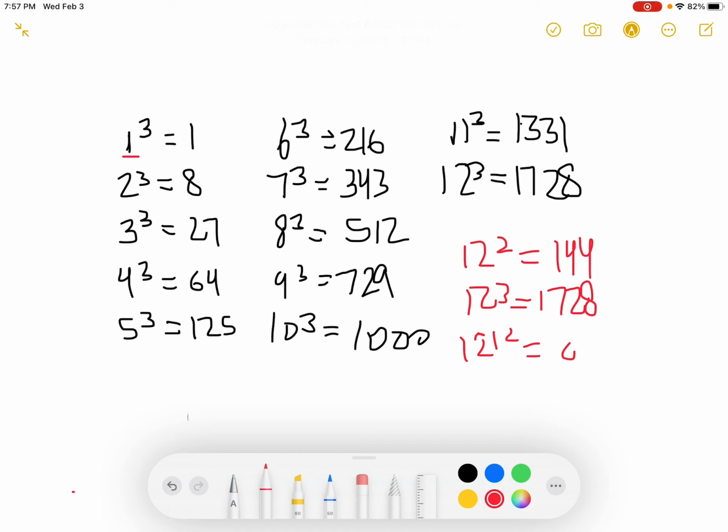That's so big that my calculator had to say this. 8.91 times 10 to the 12th power. Ugh. So that really means that there's that many zeros on it. And then if you do 12 to the 1728th power, overflow. So you can see the numbers get super big.